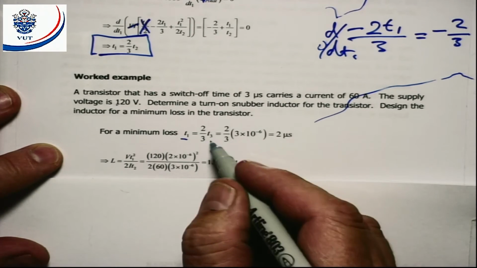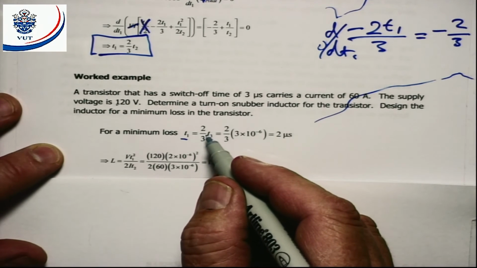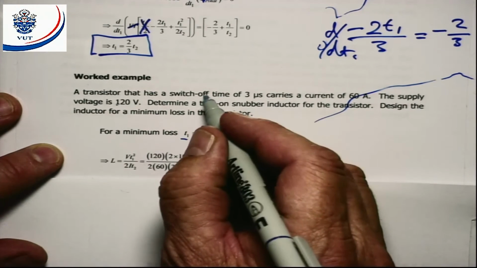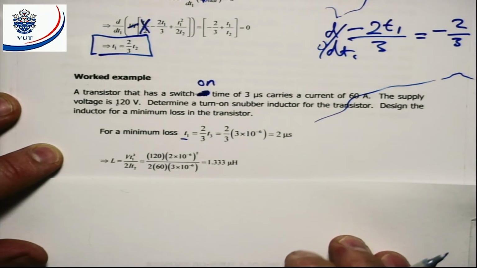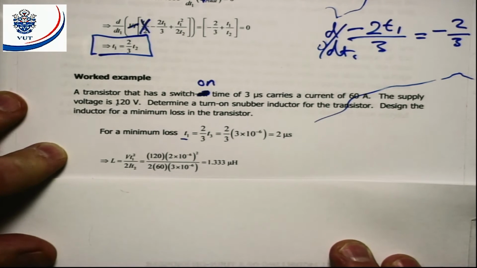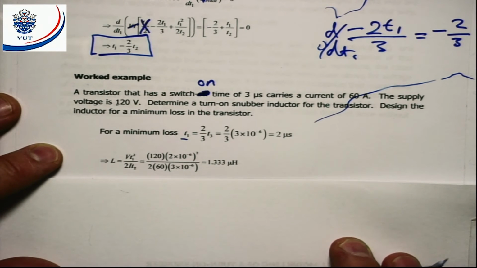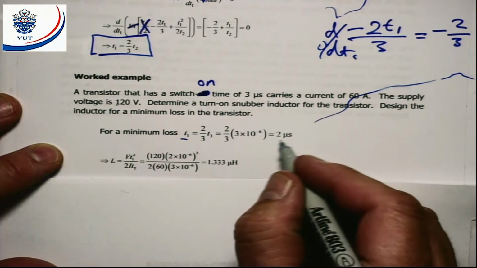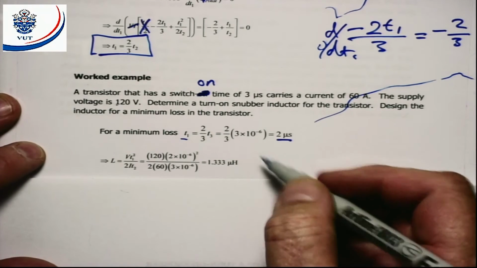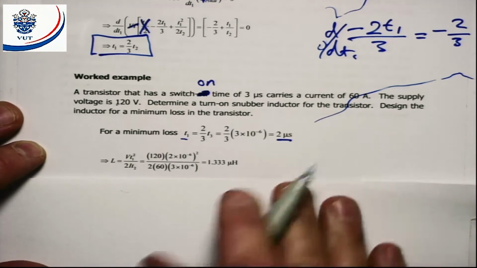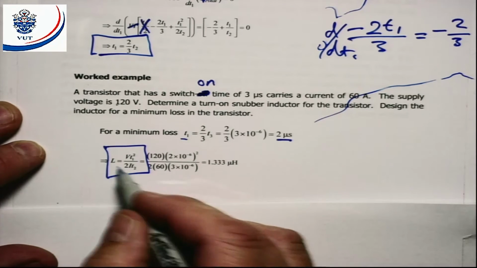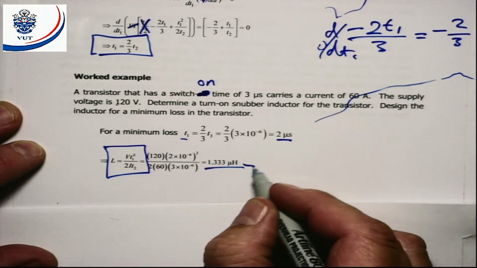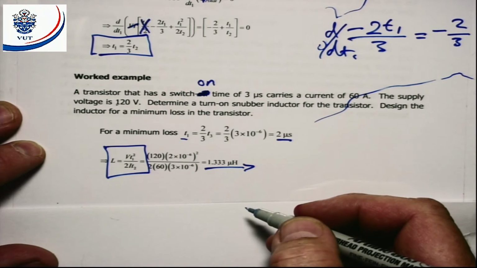So since the... this is wrong, that must not be switch off, it must be switch on. The transistor has a switch on time of 3 microseconds. So for minimum loss, T1 must be equal to 2 microseconds. If we fill all of that into this equation for the inductor, we get 1,333 microhenries.